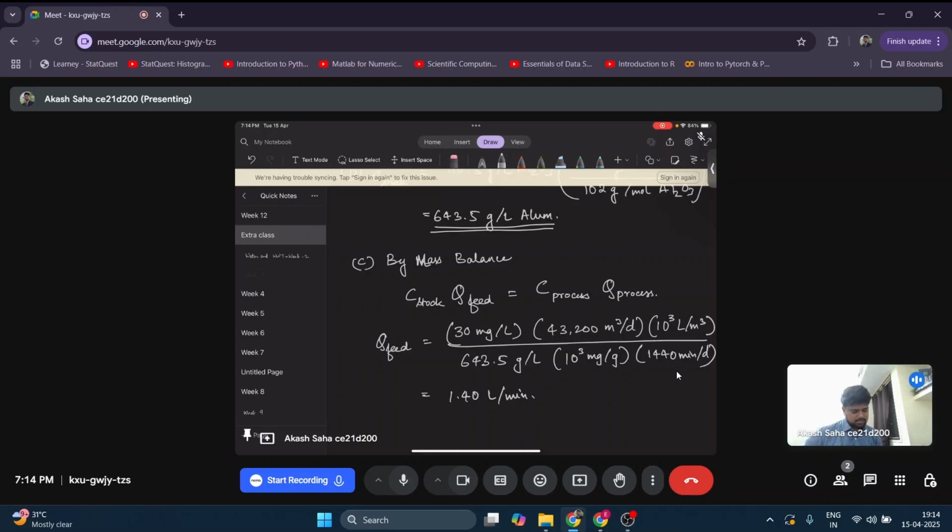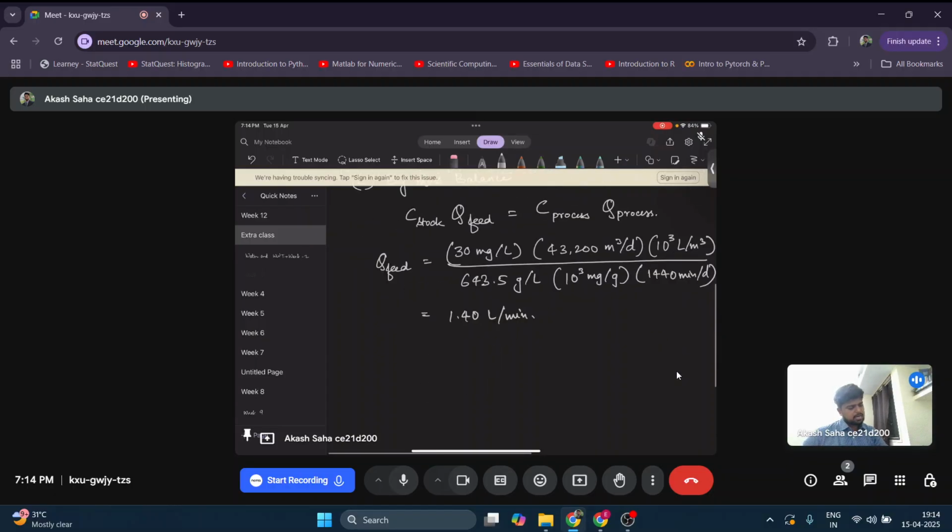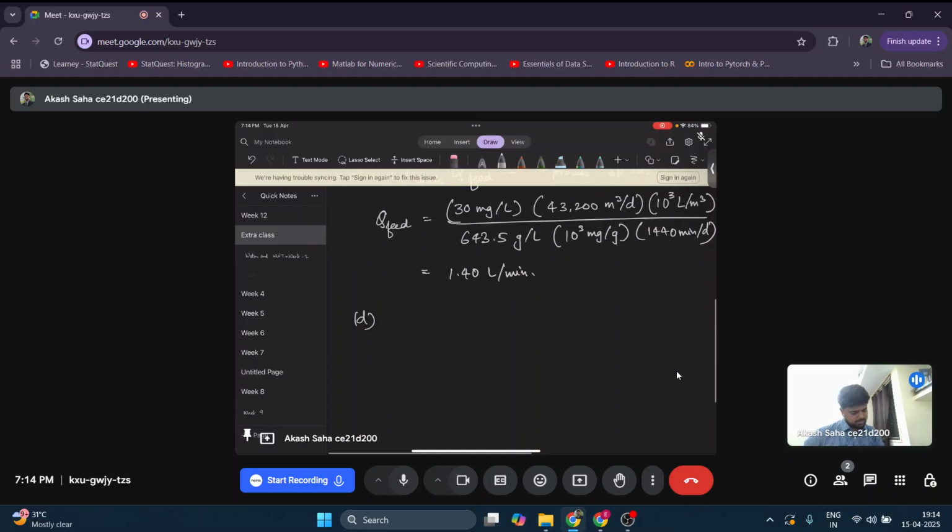So this is the overall mass balance. The next part asks how much alkalinity will be consumed. For alkalinity consumption, we just need to know one single equation. Al2(SO4)3·14H2O will give you 2Al(OH)3, which is the precipitate, plus 6H+, 3SO4 2-, plus 8H2O.